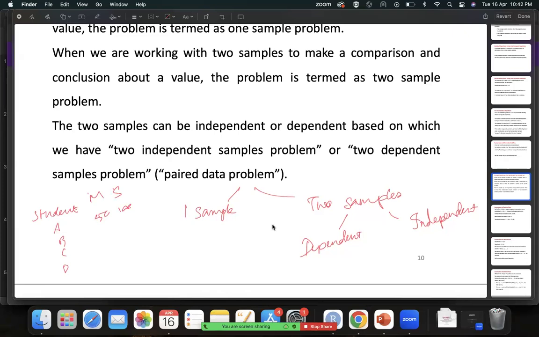This would be an example of dependent samples. Independent hypothesis testing would be where you have a different list of students and their respective marks in maths, and another list for science. So this would be independent, because the information in one set has nothing to do with the other set of information.